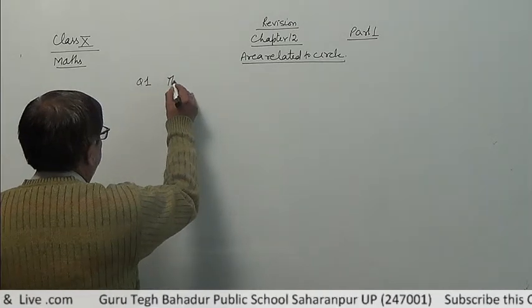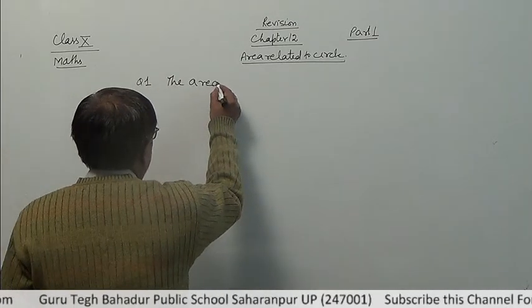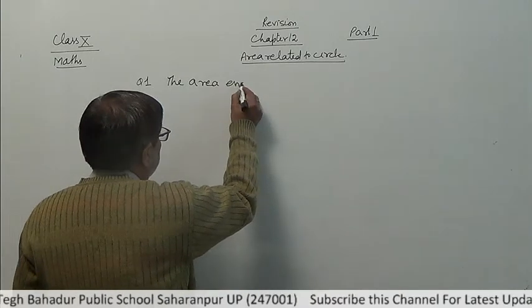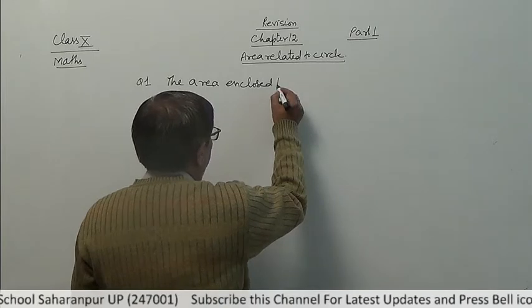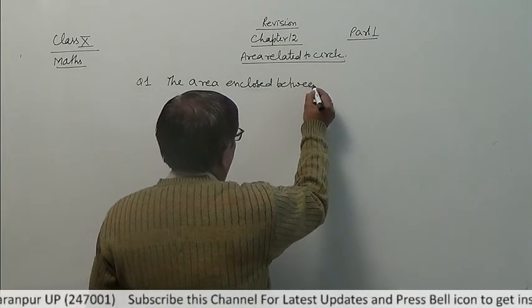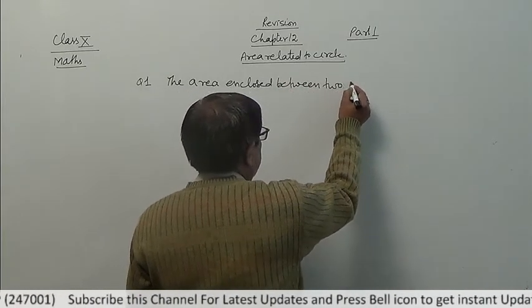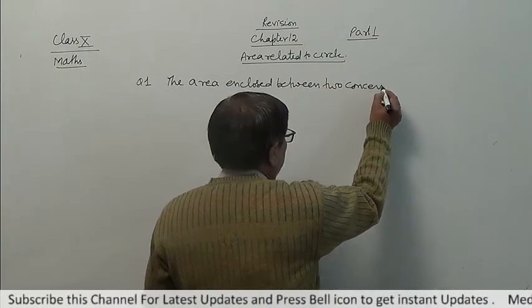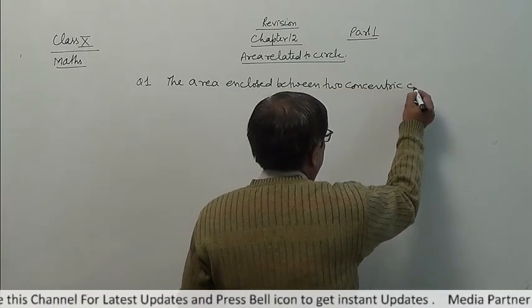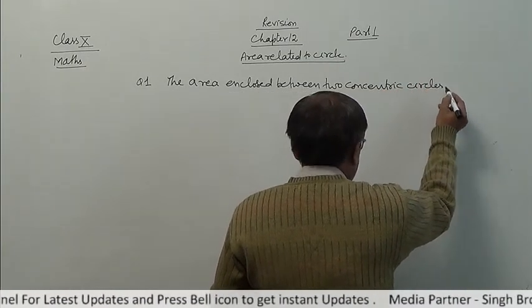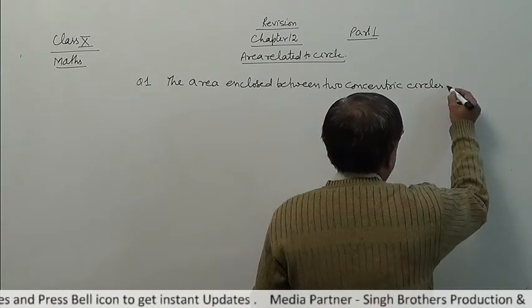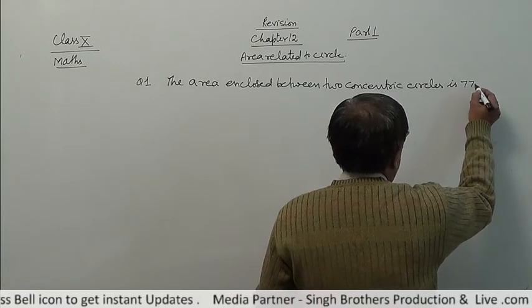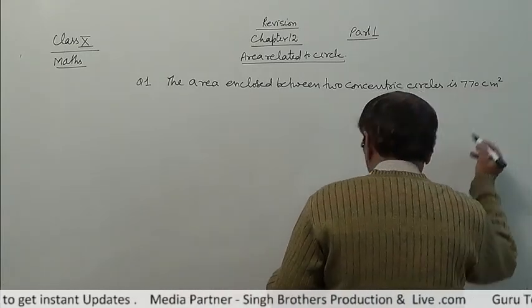The area enclosed between two concentric circles is 770 centimeter square.